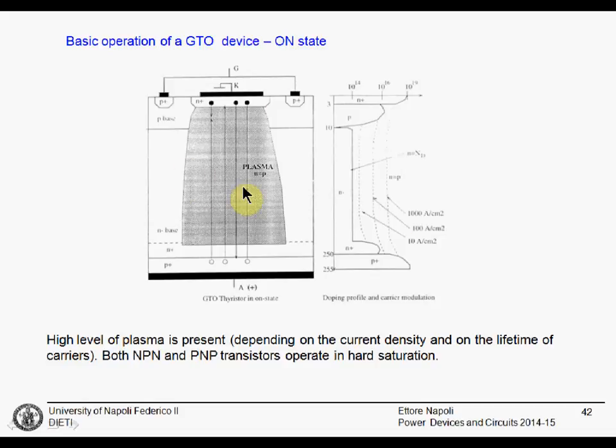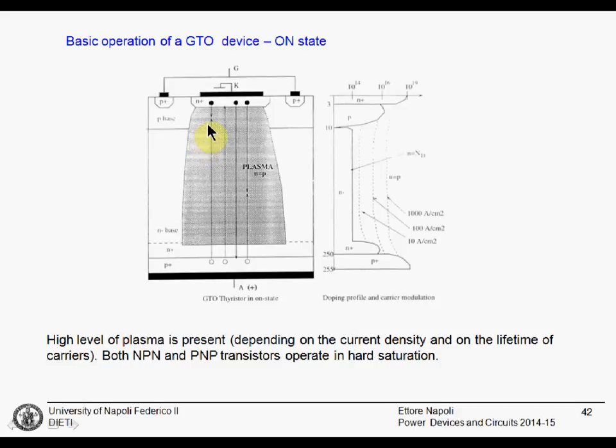This is also shown. There are electrons injected from the N+ cathode and holes injected from the P+ anode. The various carriers here have a different life, showing that there are carriers that are injected from the P+ region. These are holes that recombine here, and they are the base current for this NPN transistor.